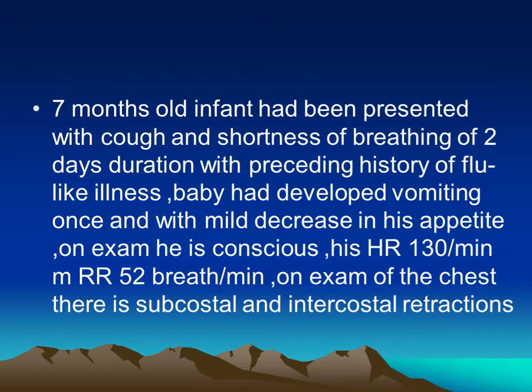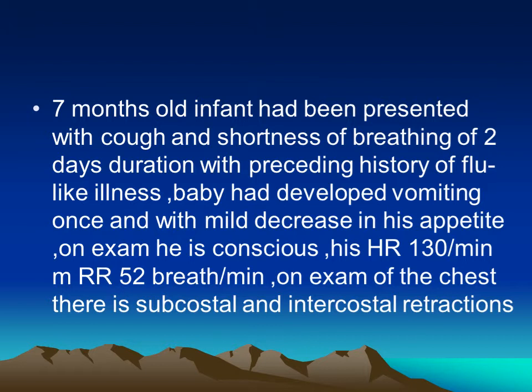On examination, he is conscious, his heart rate is 130 per minute, his respiratory rate is 52 breaths per minute. On examination of the chest, there is subcostal and intercostal retraction. It means chest syndrome.